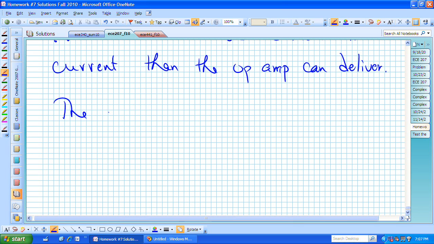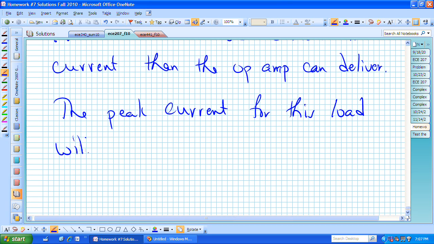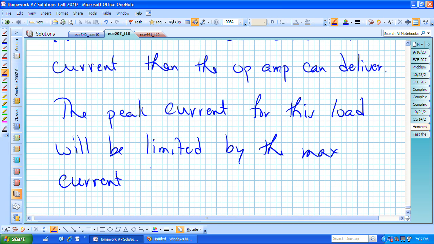So the peak current for this load will be limited by the max current this op-amp can supply.